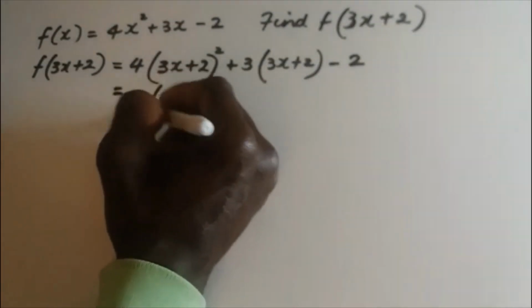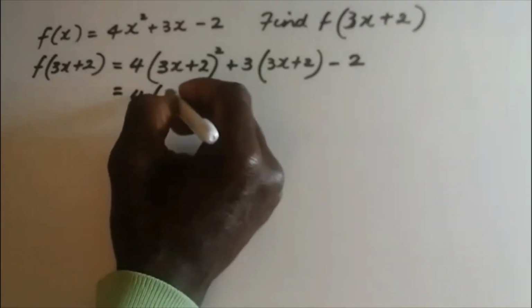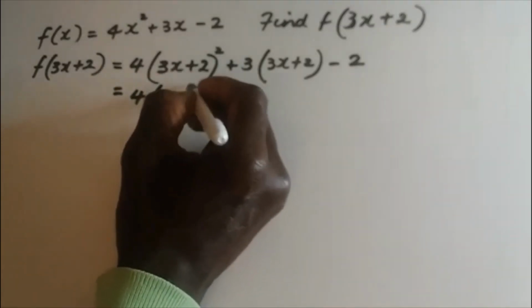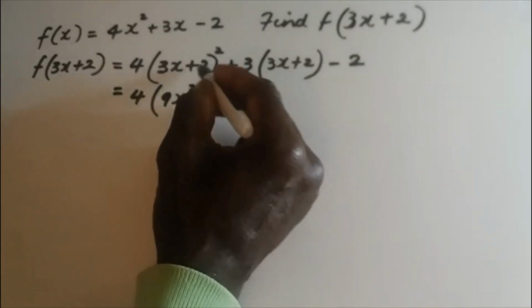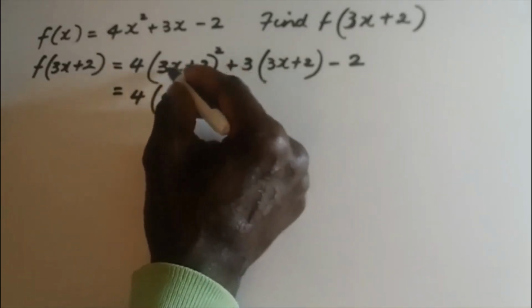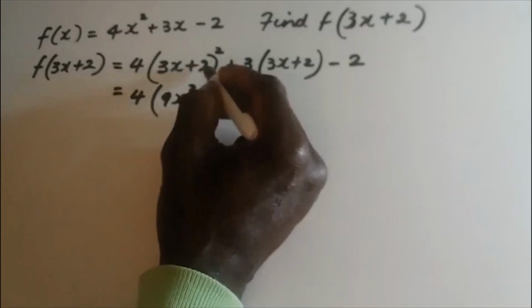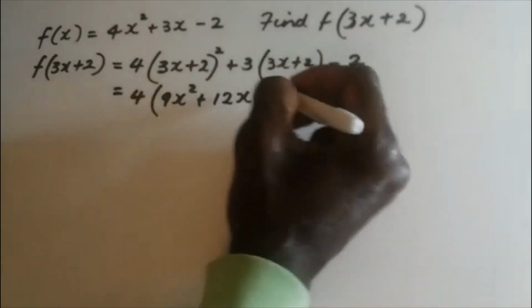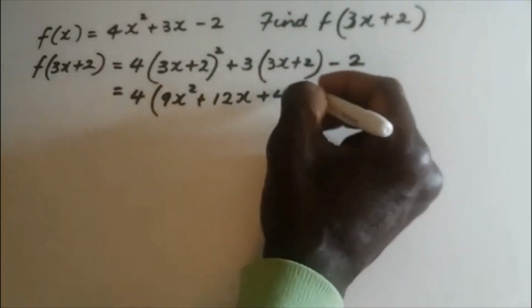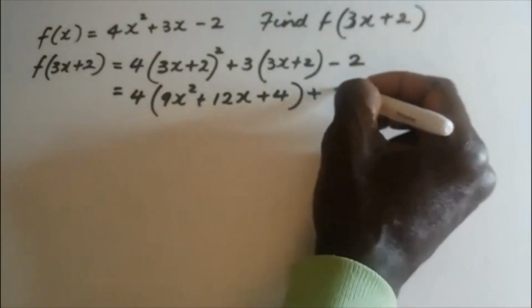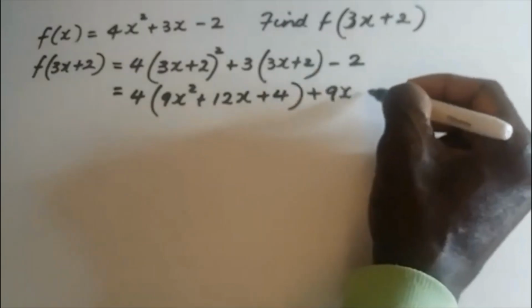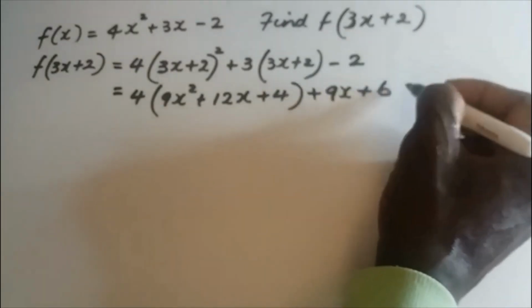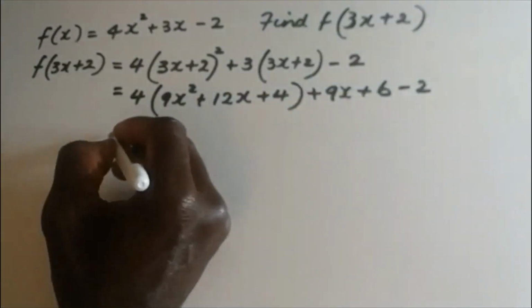This evaluates to this squared, which is 9x squared, add twice the product of 3x and 2, which is 12x, squared to 2. And then we have 9x add 6 minus 2.